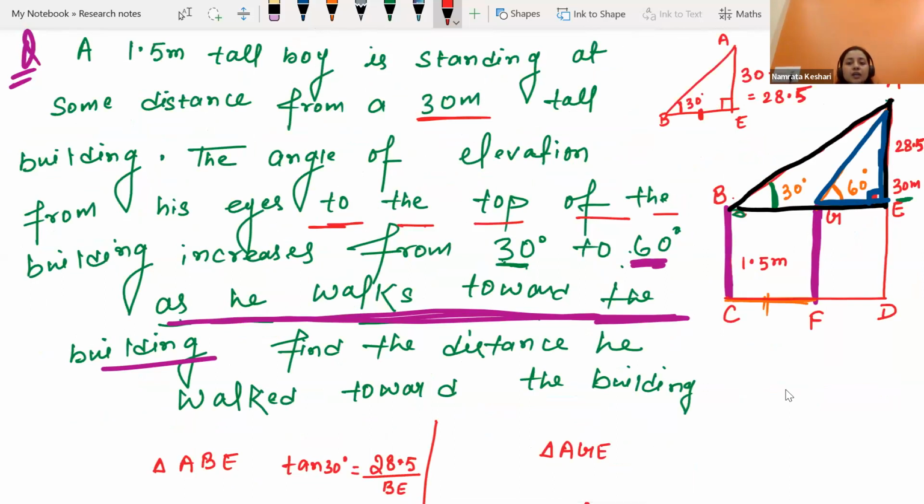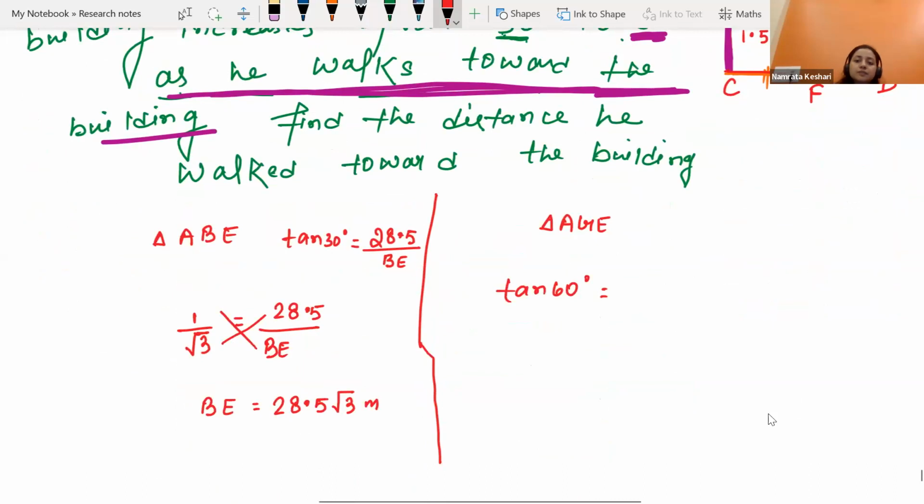Here also we can use tan 60 degree, because we are going to use opposite side, adjacent side. Opposite side is 28.5 and adjacent side is GE. If you are thinking we are doing the same thing, yes, but the angles are different. Here tan 30 was there, here tan 60 is there. What is the value of tan 60 degree? Tell me quickly. Yes, root 3.